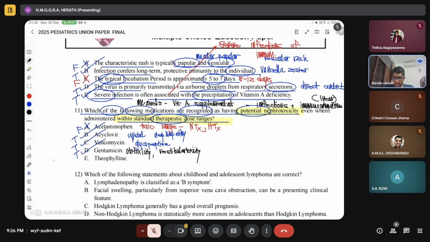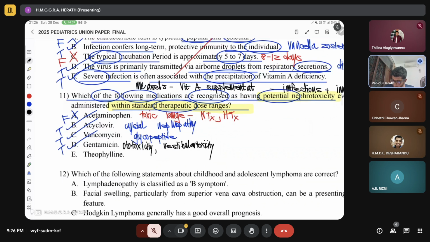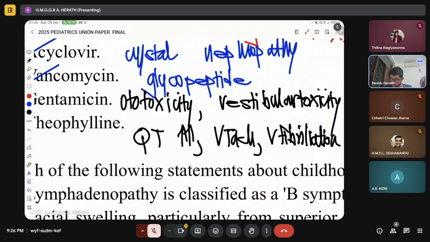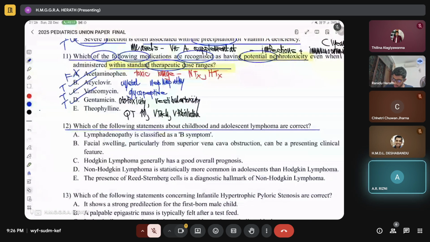So according to ChatGPT, theophylline does not cause any nephrotoxicity in the normal range. What it causes is QT prolongation and also ventricular tachycardia and ventricular fibrillation when used for a long duration in the toxic dose range. Understood? So we will go into the next one.